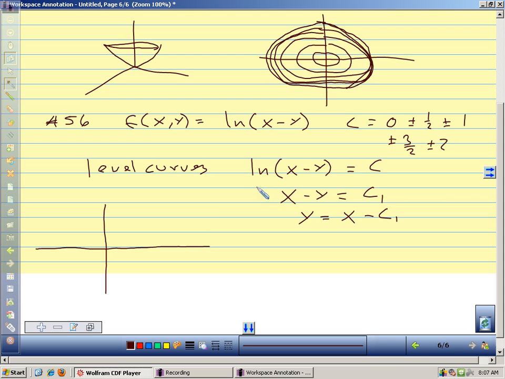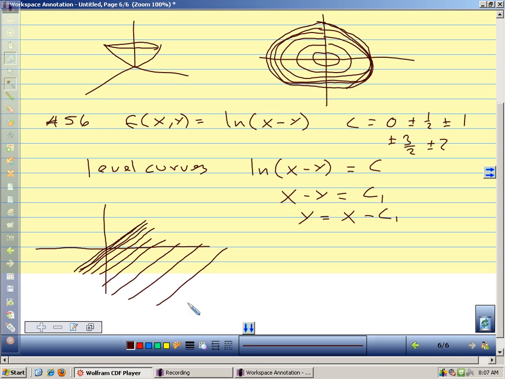So in the xy plane, we have lines with slope 1, and when we're closer to 0, our lines are closer together, and then they get a little further apart. And our lines, let me put a few more in here. I want to emphasize they're closer together here. So what is this surface going to look like based on what the level curves are telling you?